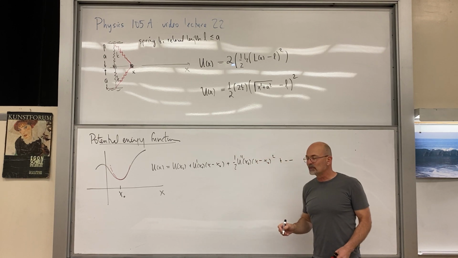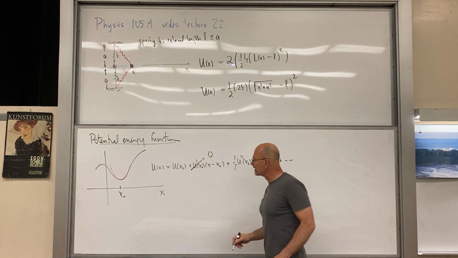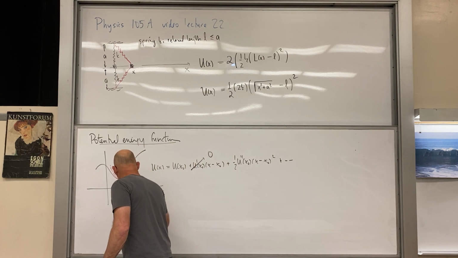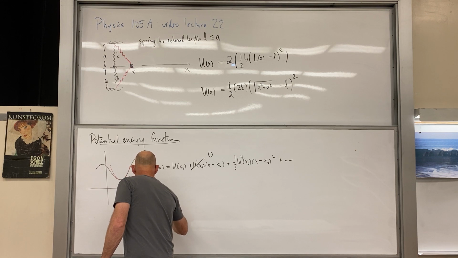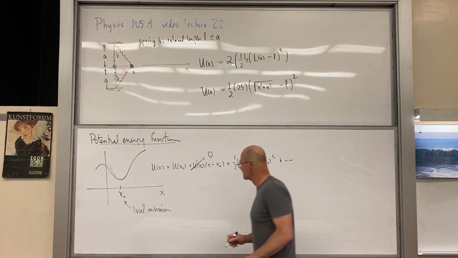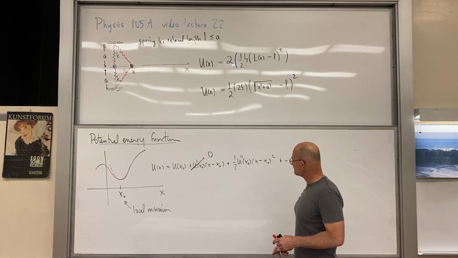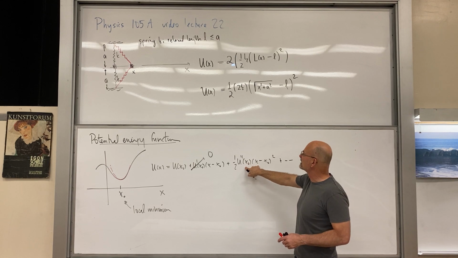And there can be higher terms as well. Since we're at a local minimum, that one vanishes. This is a local minimum. And this is just a constant. And this is the one that is going to be important for harmonic oscillations.